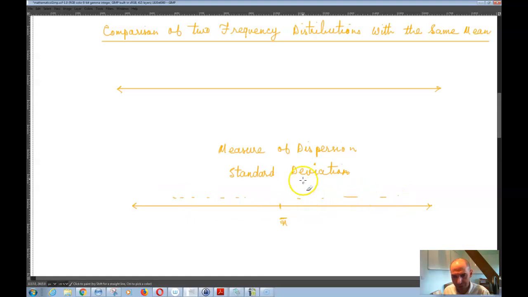If I call it sigma, the value of this sigma is some number that shows how these observations are scattered around some mean related to this data.